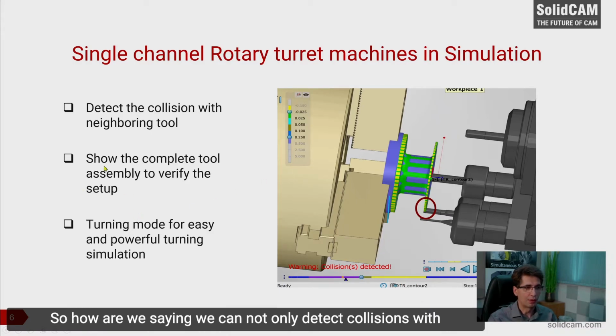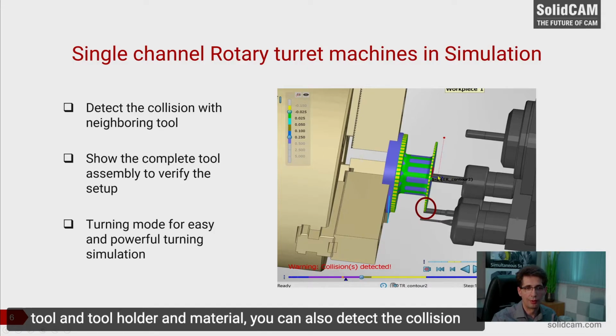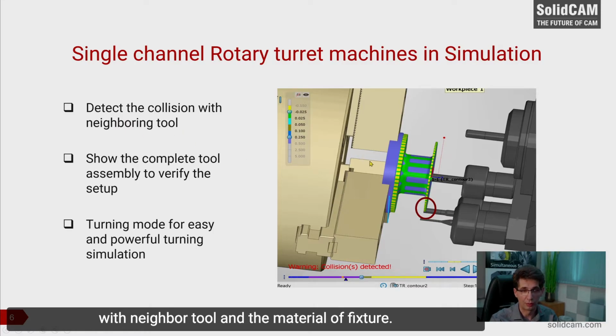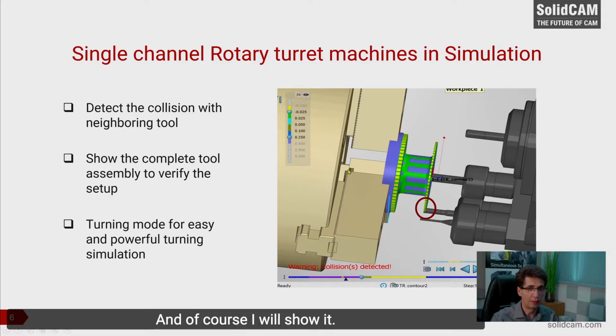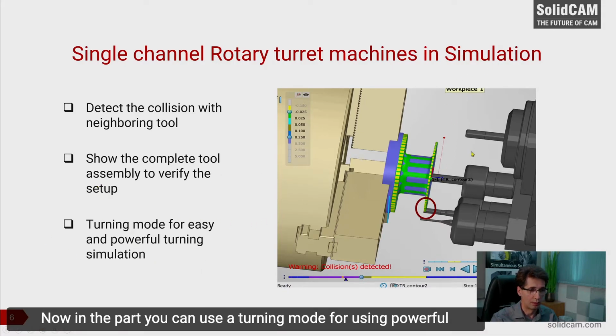So as we see, we can not only detect collisions between the tool and tool holder and material, you can also detect the collision with a neighboring tool and the material or fixture. You can see the complete assembly to verify your setup. And of course, I will show it now in a part.